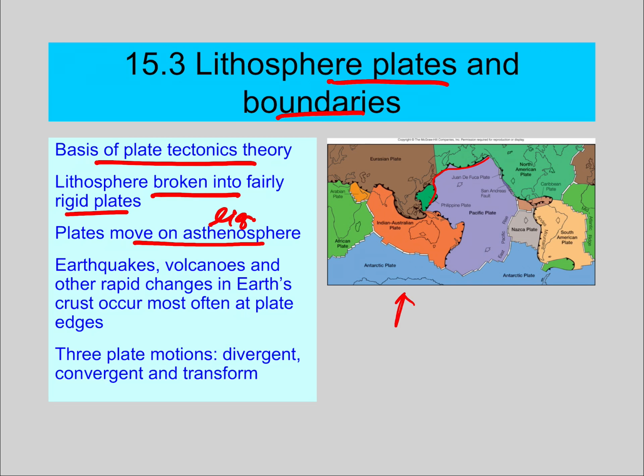If we look here, this is the Ring of Fire. I'm going to get this one wrong. It's hard to see the continents with the colors too. You have the Andes Mountains. You have the San Andreas Fault right here. Here it is, the Ring of Fire.